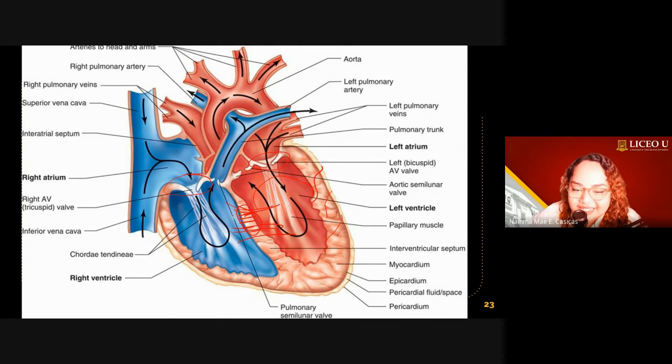Okay. So that's how important your chambers are, and also the valves. In congenital heart diseases, naay damages sa valves, dili siya mo properly close or open.